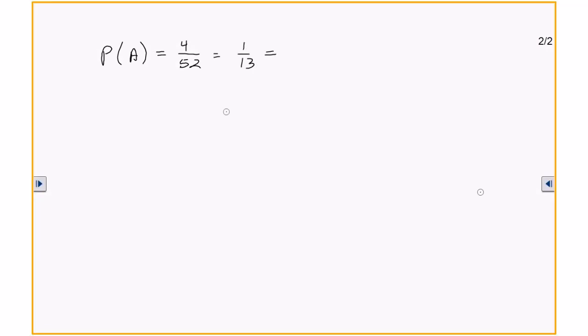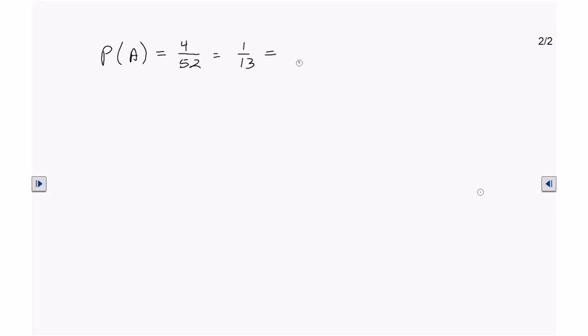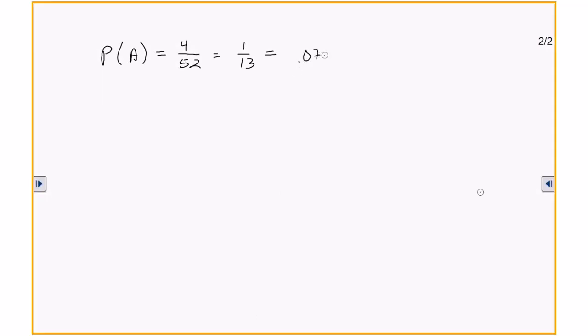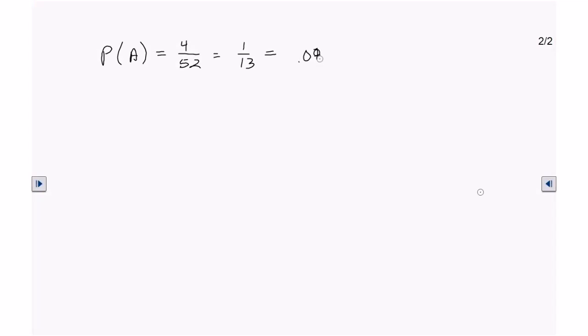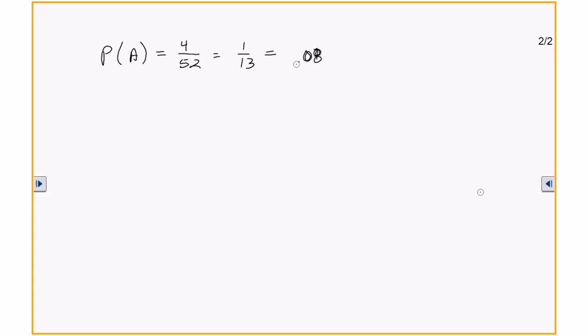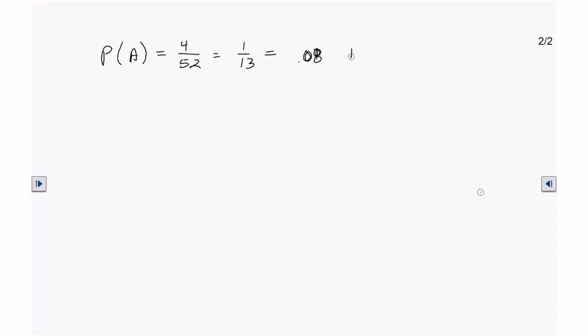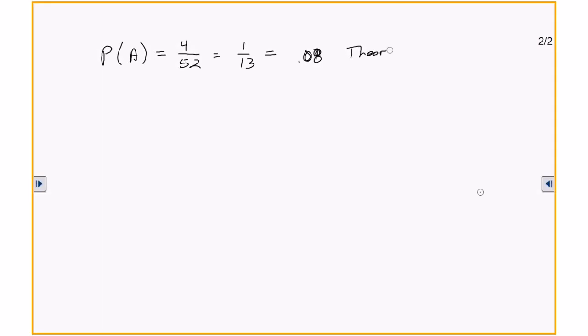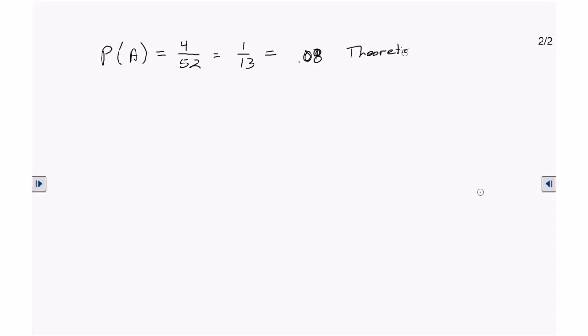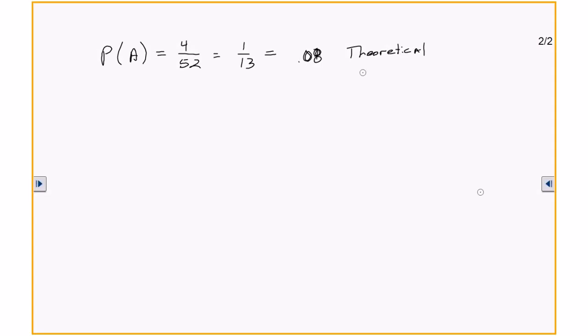Somebody give me that decimal. What's 1 over 13? 0.077. 0.78 or 0.7. We'll say 0.08. Okay, that is called the theoretical probability.